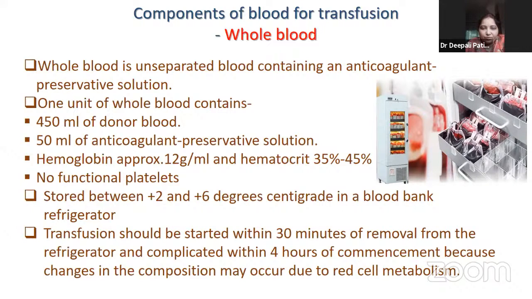The hemoglobin of such whole blood is approximately 12 gram per milliliter, and hematocrit is 35 to 45%. Hematocrit means the percentage of RBCs, and normally it is 45 to 55%. Remember one thing, this whole blood does not contain any functional platelets.